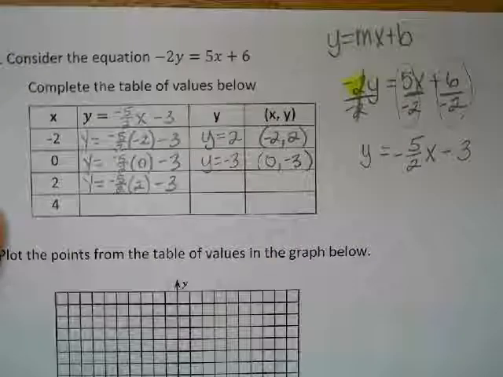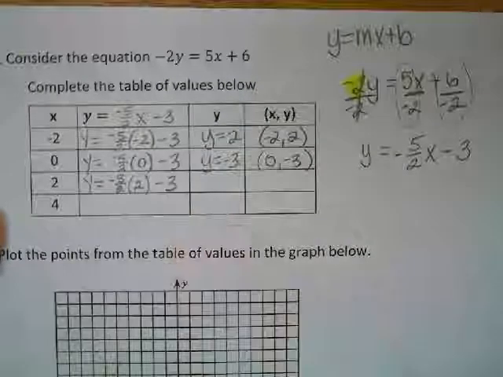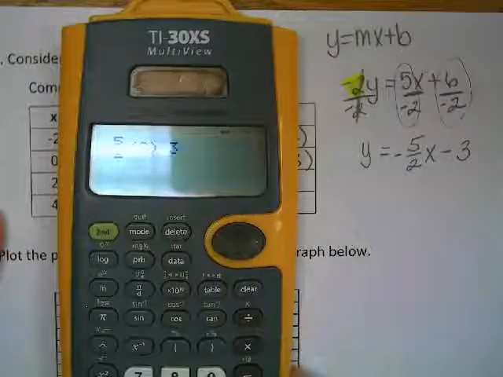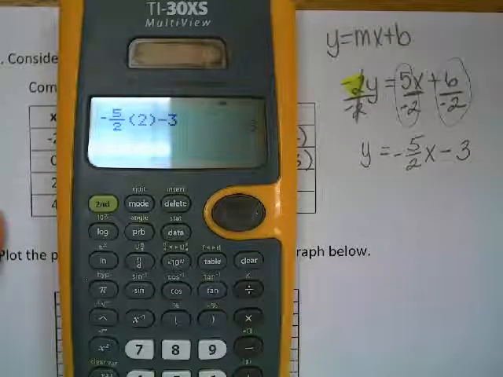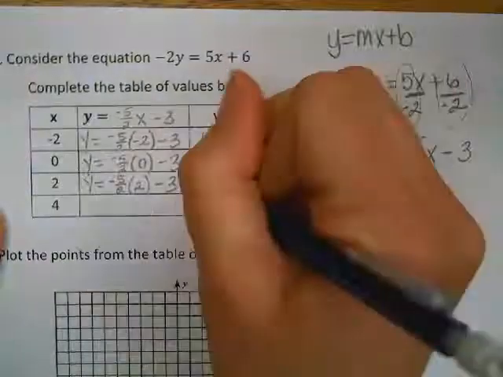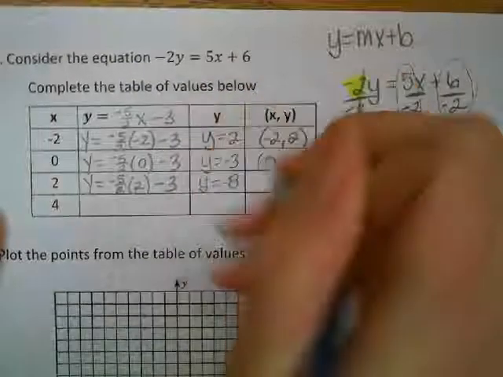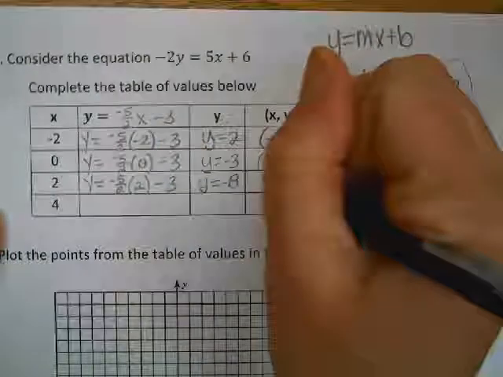And again, if you're not comfortable doing this in your head, then just put it in the calculator. -5/2 times 2 minus 3 is -8. So y equals -8. So there's my ordered pair, (2, -8).